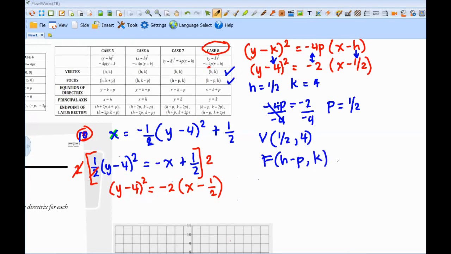The h is half, minus the p, which is also half, and then the k is given, which is 4. Therefore, the focus is at (0, 4). Okay, so we got the vertex and the focus. Now we will go to the directrix. The directrix is h plus p.